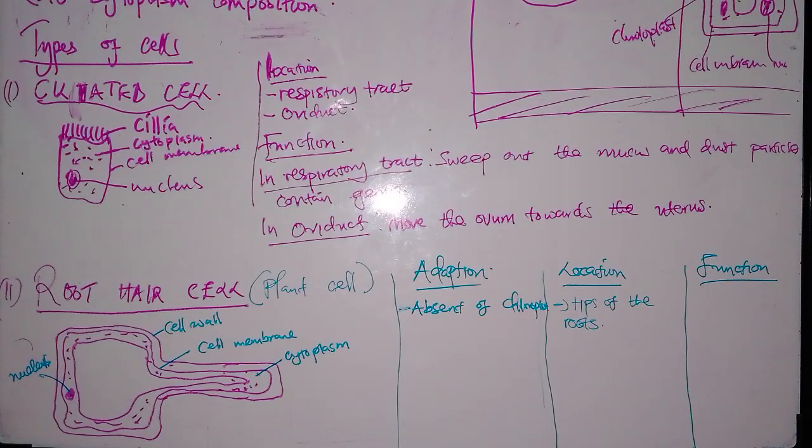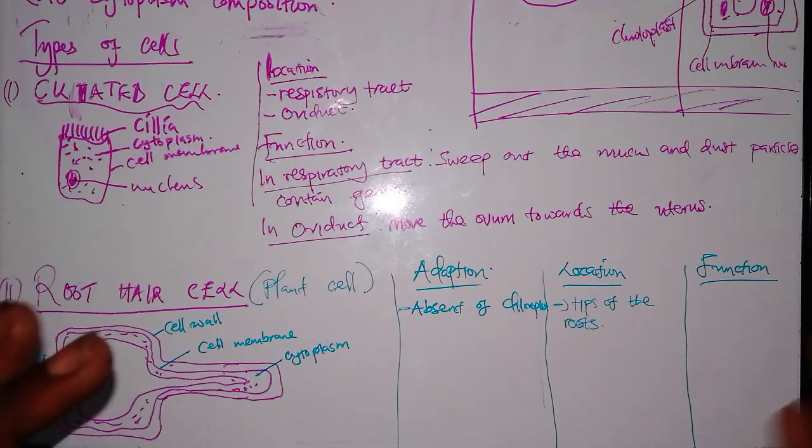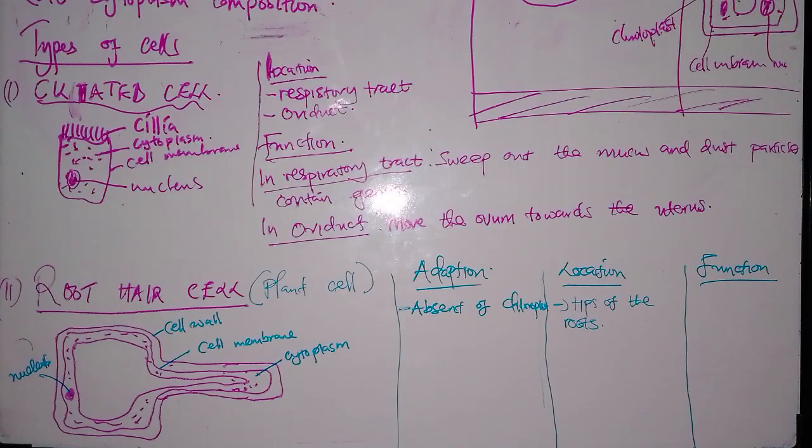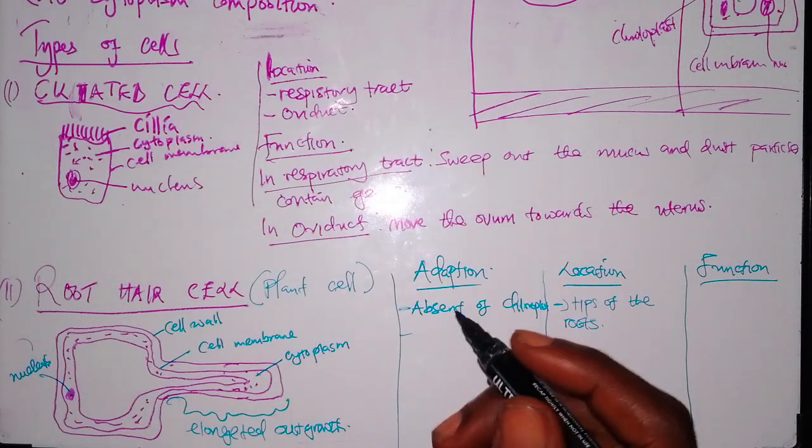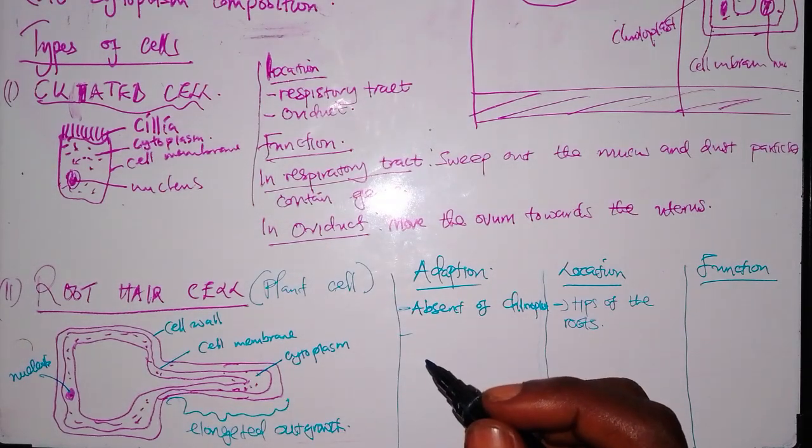Then the second thing is, if you compare these two cells, you can see that the root hair cell has this part which is extended. This part is known as an elongated outgrowth. This part is also an addition to the what?